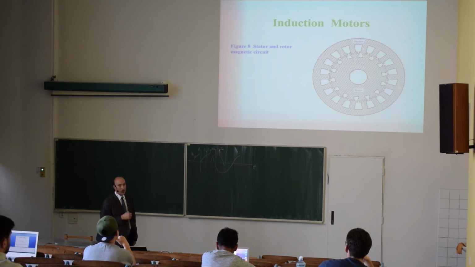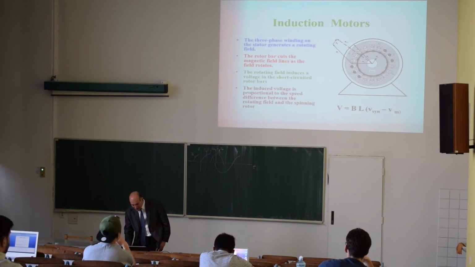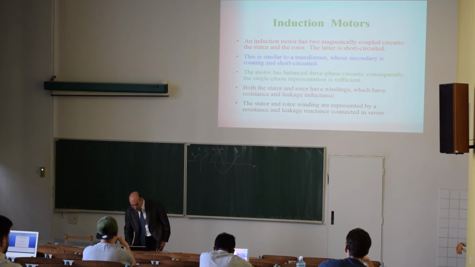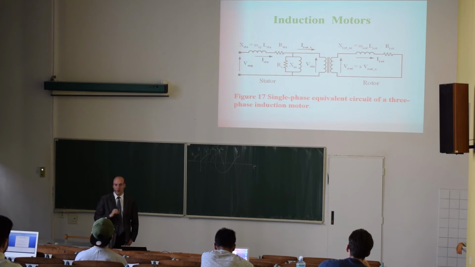But here, for an induction motor, it will be a little bit more complicated, because now the rotor is turning and the rate of change of magnetic flux depends on slip. So in the equivalent circuit diagram, we will have a term S here that will recalculate the voltage based on slip.